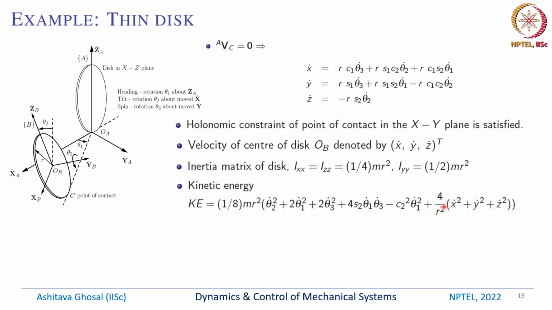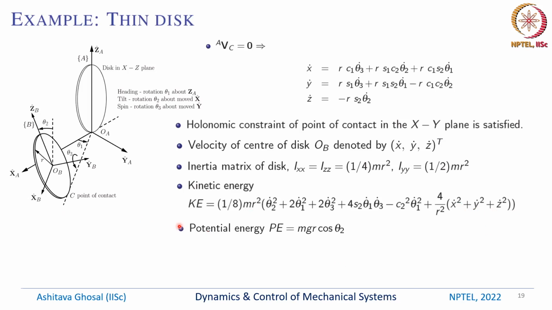This is written in a nice compact form which will fit in the slide, but you can see here this 4 and 8 will become half, this r square will go away, so it is half m times x dot square plus y dot square plus z dot square, which makes sense.